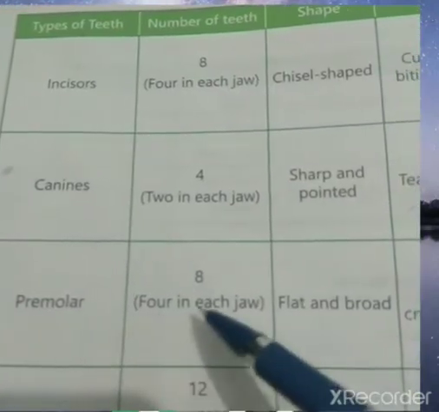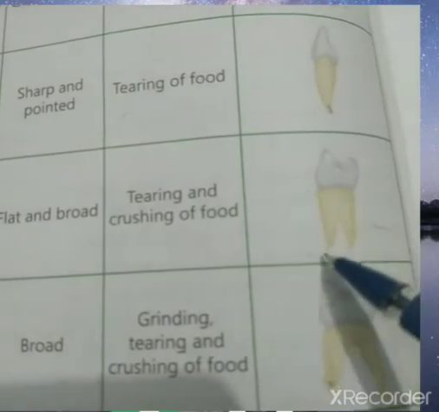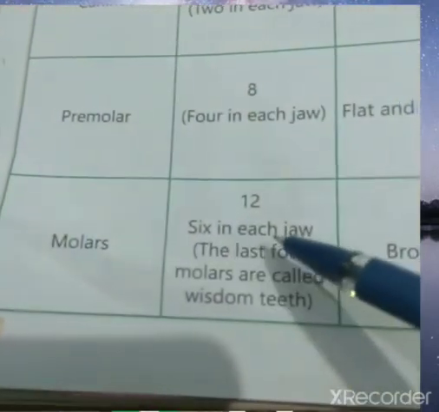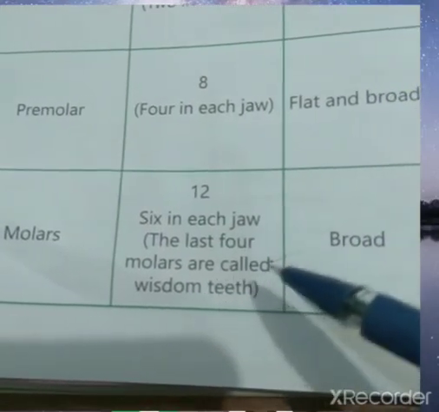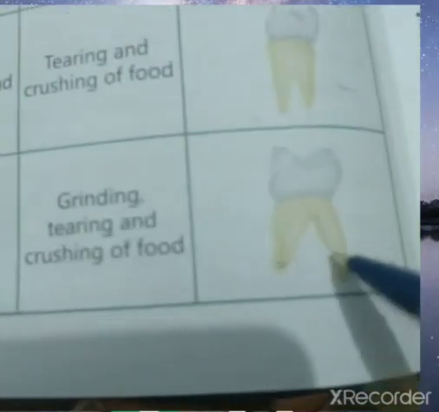Then premolars, 4 in each jaw, flat and broad, tearing of food. Fourth is molars, 12, 6 in each jaw. The last 4 molars are called wisdom teeth, broad, for grinding, tearing, and crushing of food.